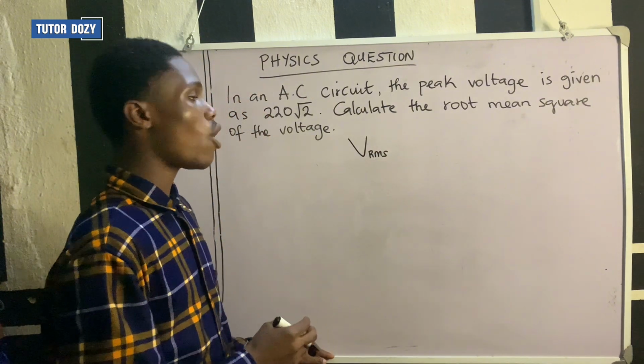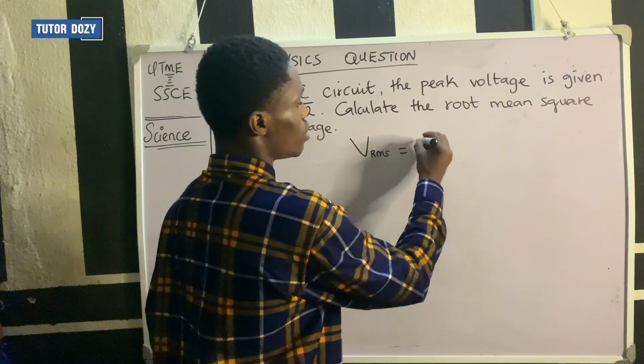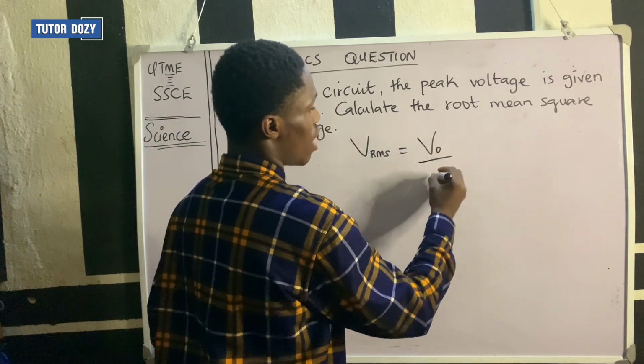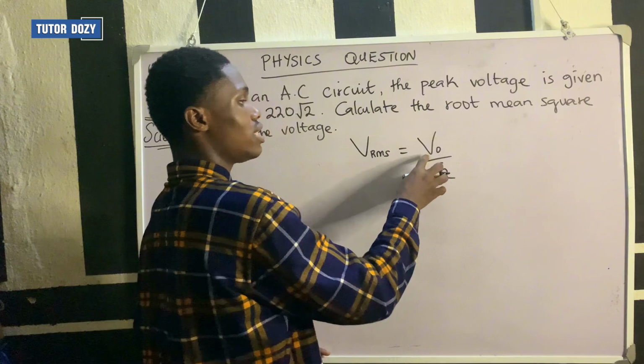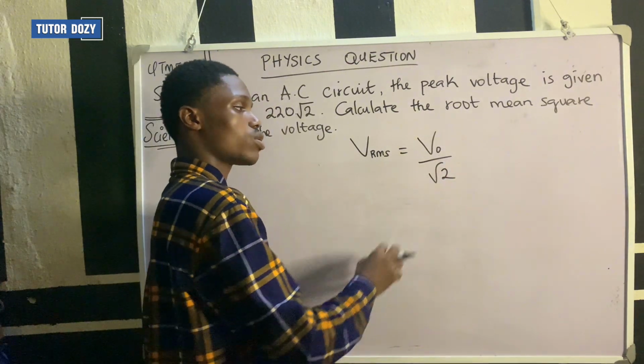The root mean square of the voltage equals the peak voltage over root 2. This is the peak voltage, and this is root 2.